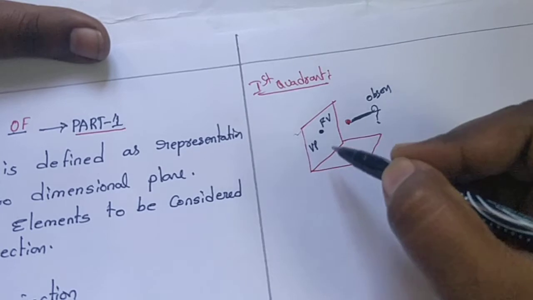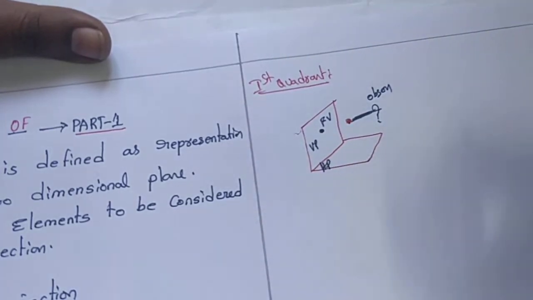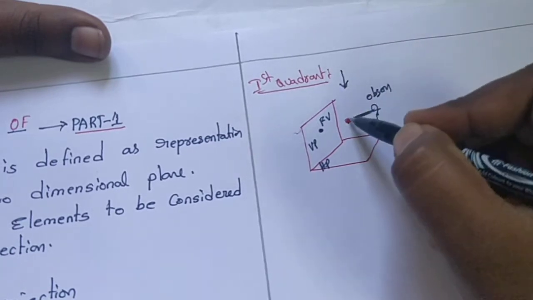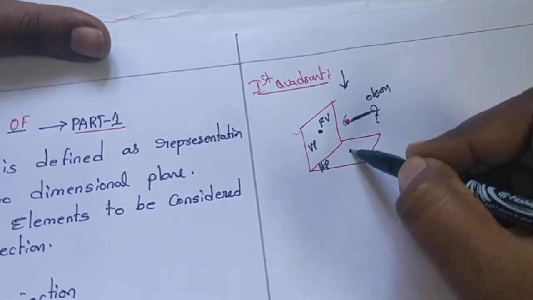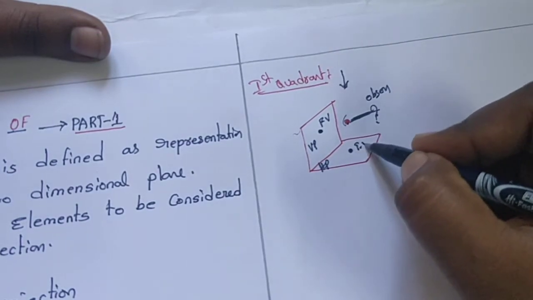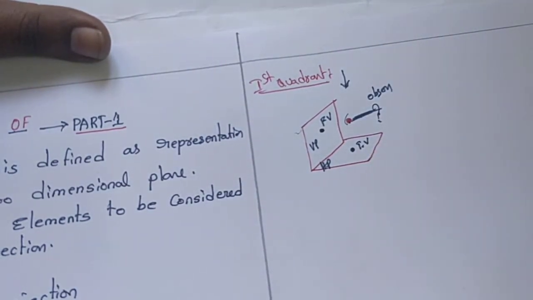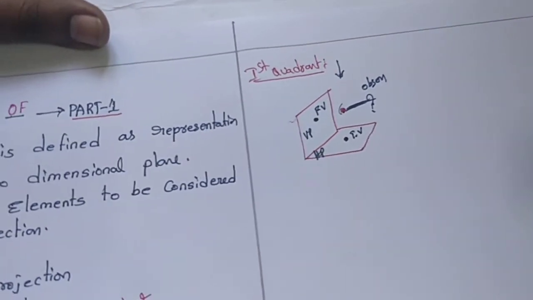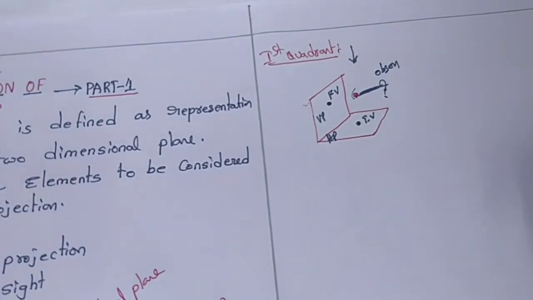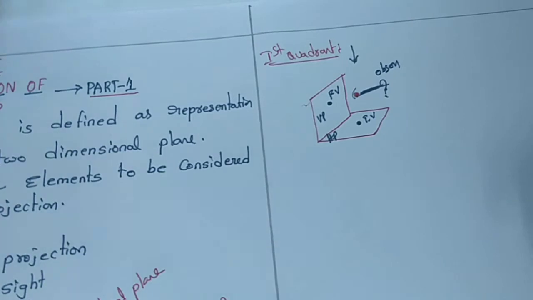Suppose we observe this object from the top side, this view appears on the horizontal plane, and it is known as the top view. The view appearing on the horizontal plane is the top view. The image or projection obtained in the vertical plane is the front view.